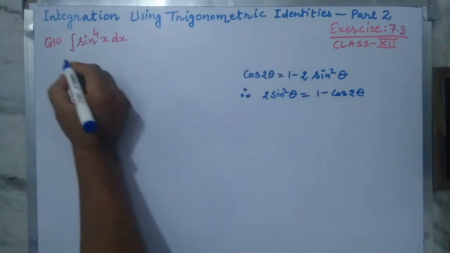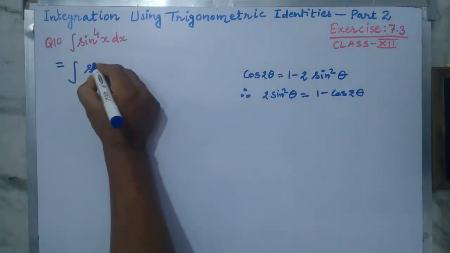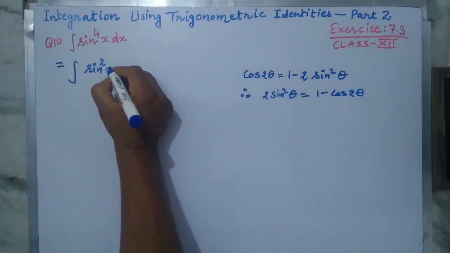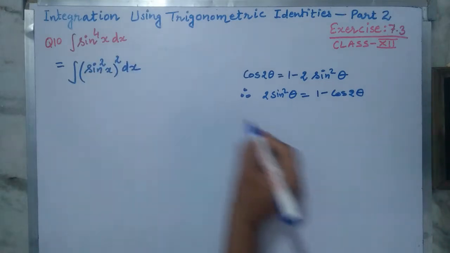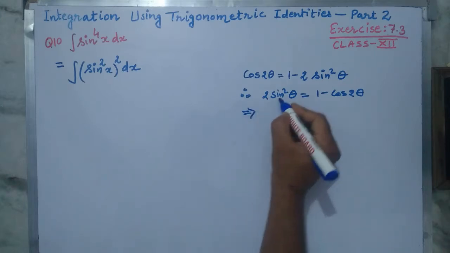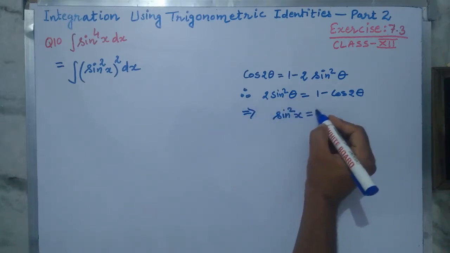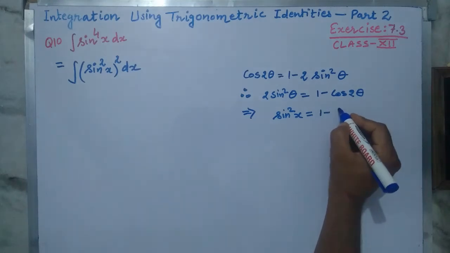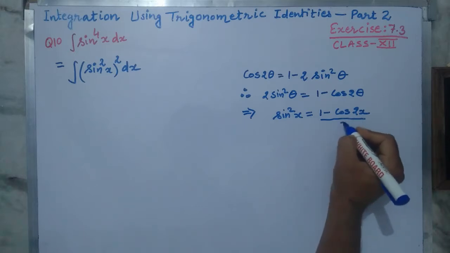So in this question, we can say the integral of sine square of x, its whole square, dx. From here we can find the value of sine square x, which is equal to 1 minus cos 2x divided by 2.